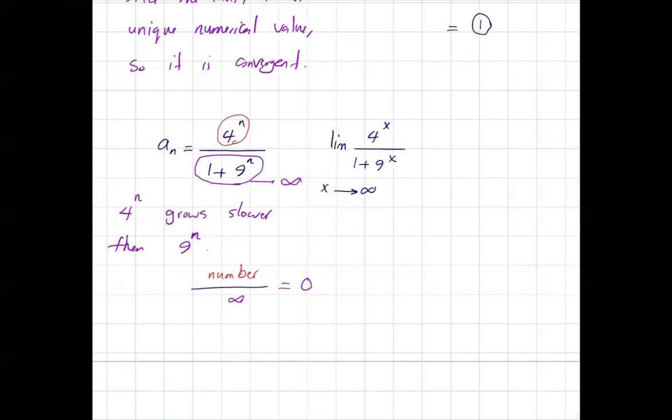But let us do the algebra to check the work. This can be written as the limit of 4 to the x over 4 to the x divided by 1 over 4 to the x plus 9 to the x divided by 4 to the x.